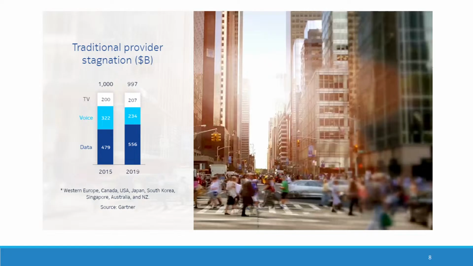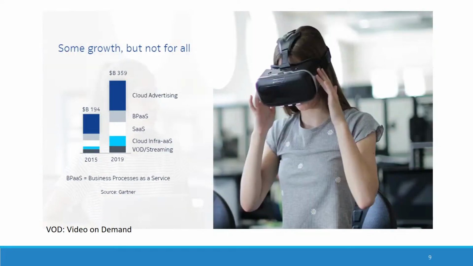But for TV, it seems not much change. People use the voice less, but still keep the TV and data. Okay, so that's the trend. People used to use data more, and some growth, but not for all.